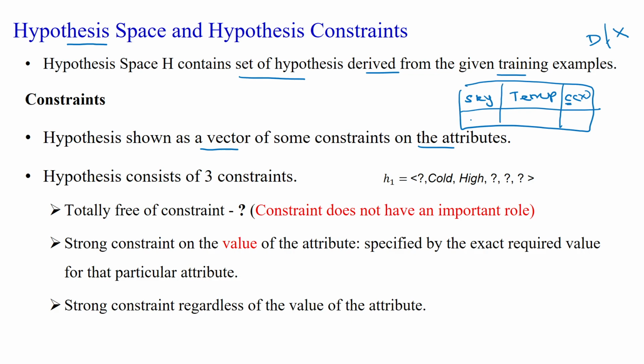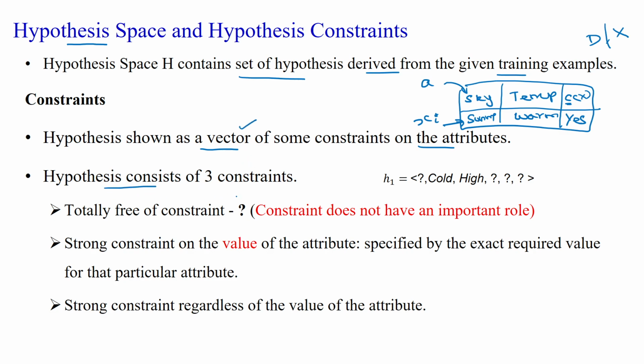Attribute sky has sunny, and attribute temperature may have warm. So based upon this we will derive some target concept, either yes or no. So here this is called the sample xi. This one is the attribute a. Here, the attributes are used in the form of vectors.